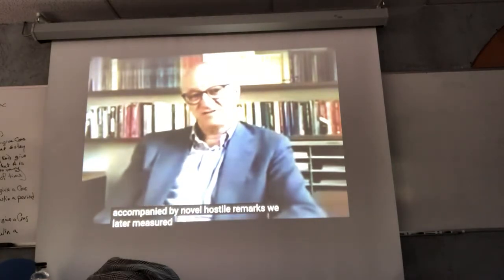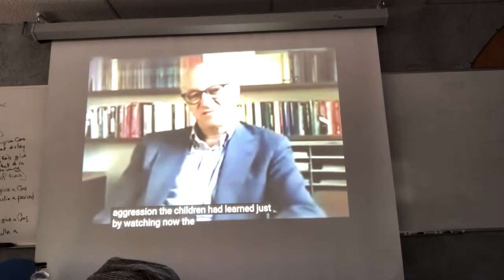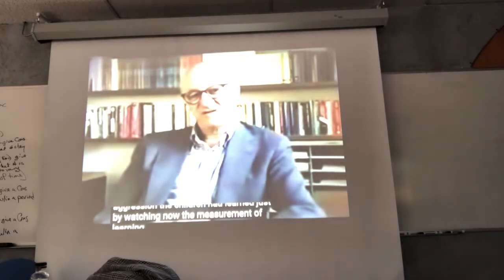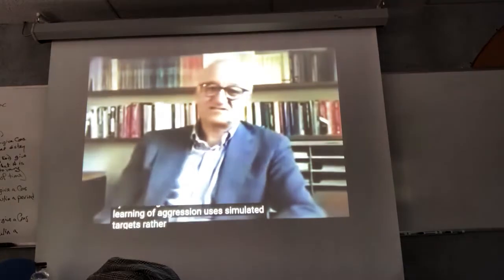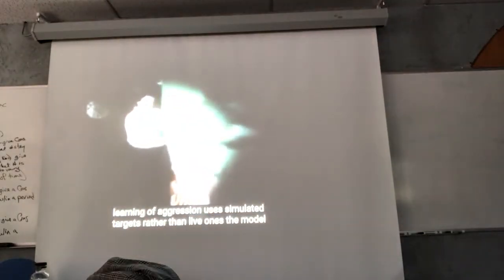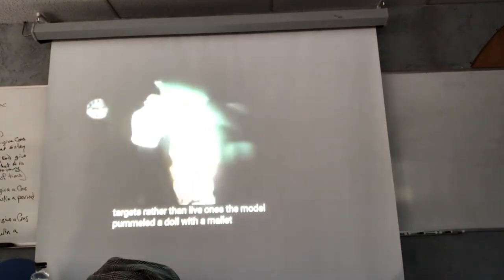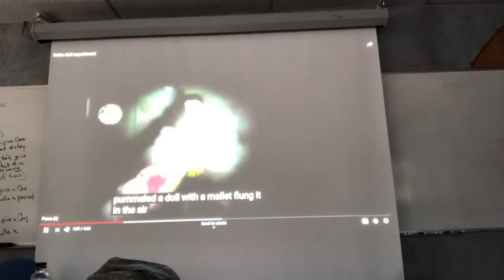The latter measured how much of this modeled aggression the children had learned just by watching. Now, the measurement of learning of aggression uses simulated targets rather than live ones. The model pummeled a doll with a mallet, flung it in the air.